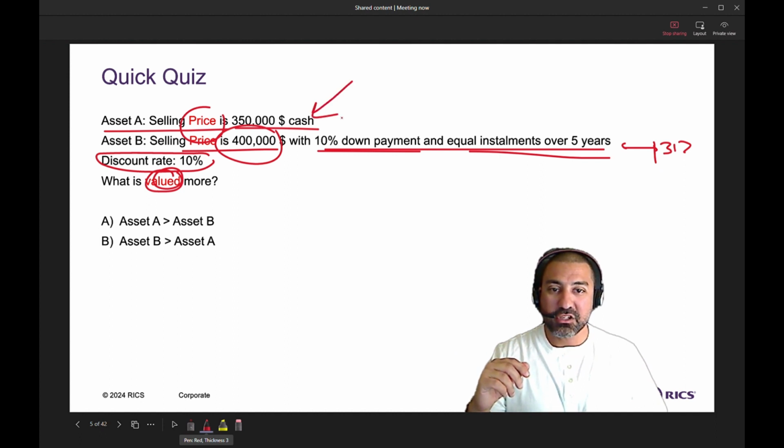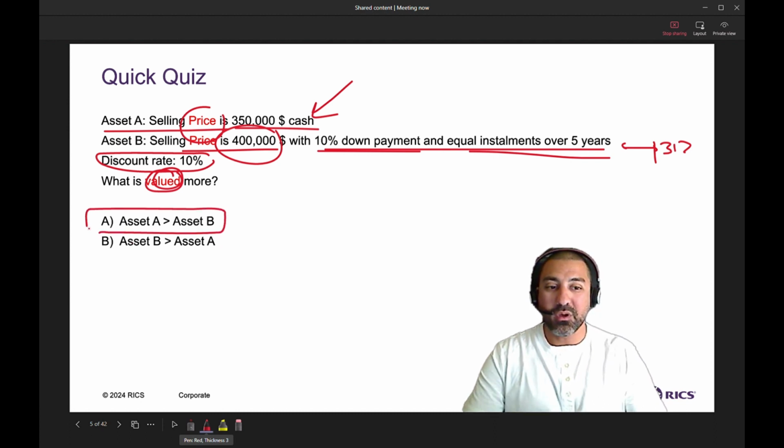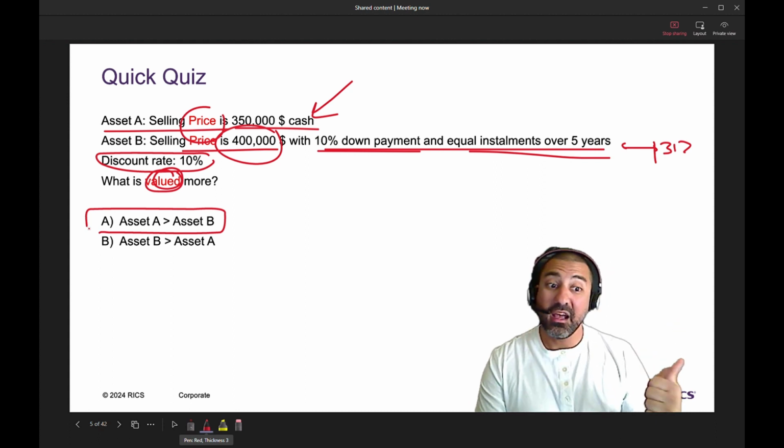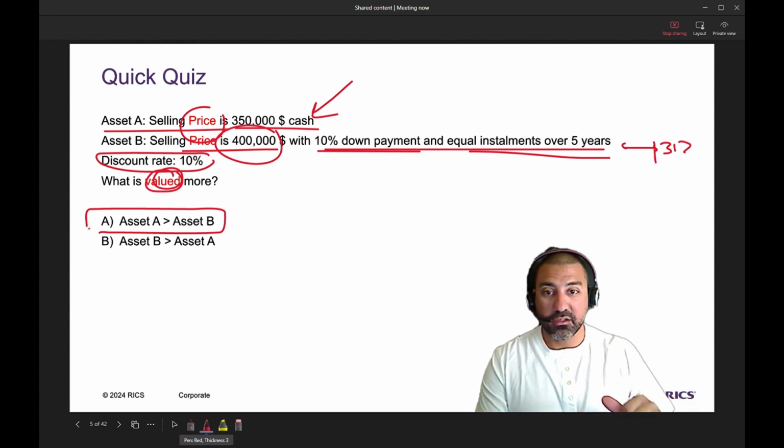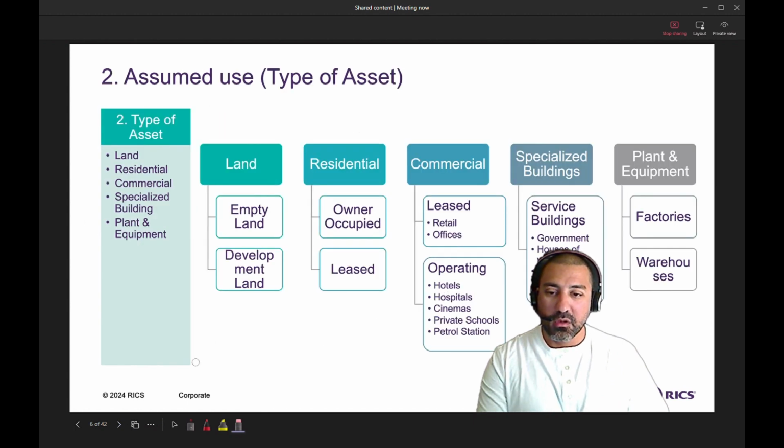So that makes asset A worth more than asset B. So the answer is asset A. The one that's priced at 350,000 and sells is higher in value than the one that sells at a price of 400,000 with installments. This is just an example of the difference between the two. If you have any questions, happy to take them.